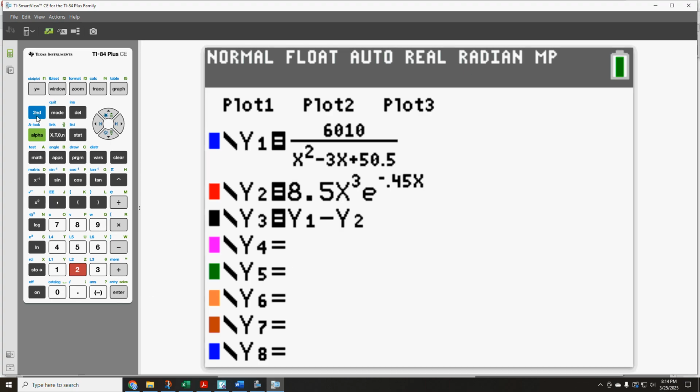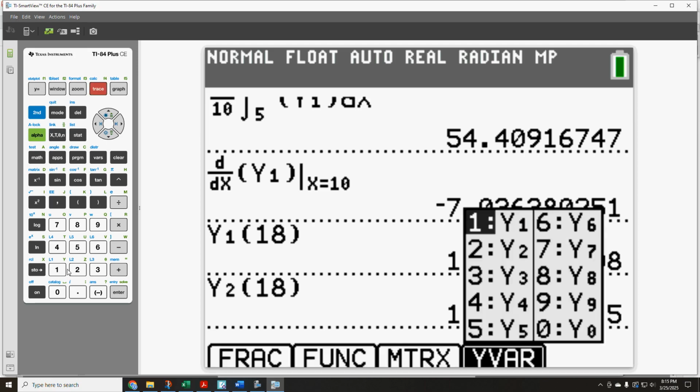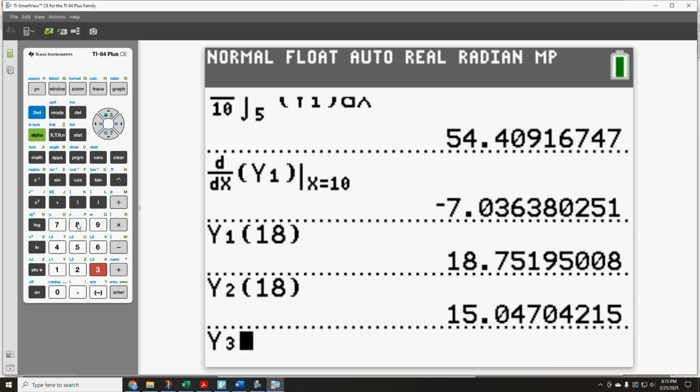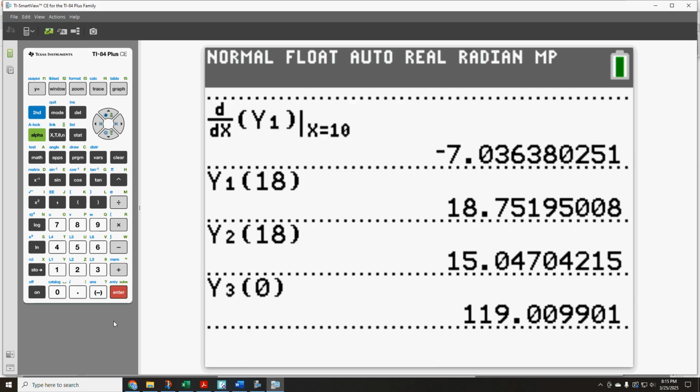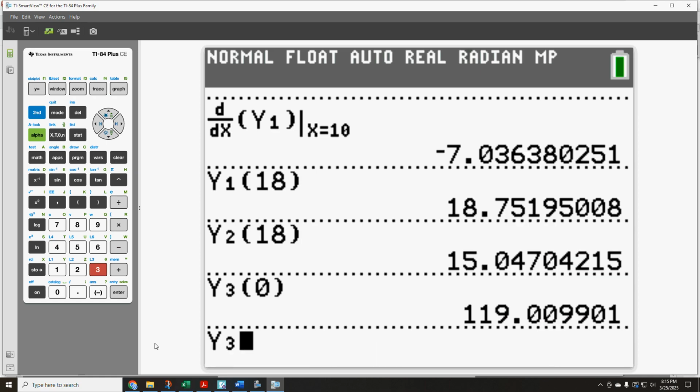So that's good. Now I'm going to go back to my main screen, and I'm going to evaluate each of those 4 points. So alpha f4 y3, and I'm going to evaluate that at 0, because that's my one endpoint, and I get that number. And then I'm going to go alpha f4 y3, and I'm going to evaluate it.